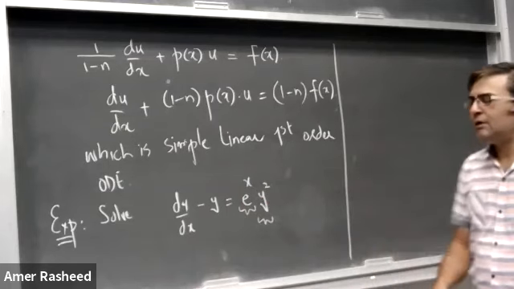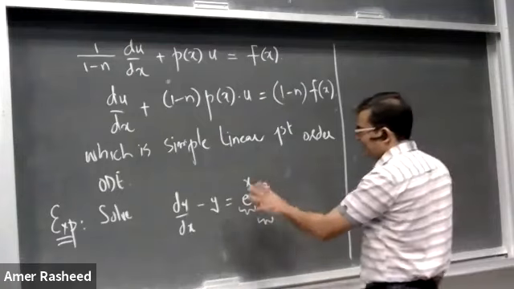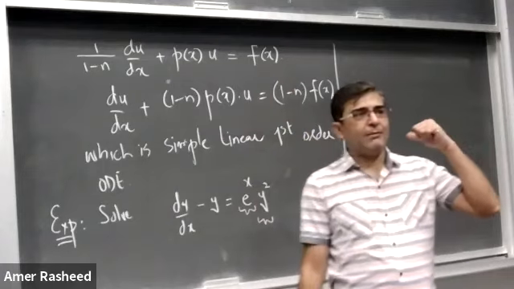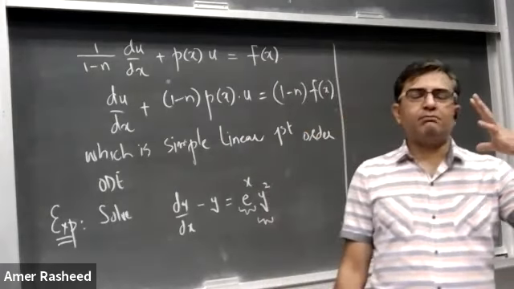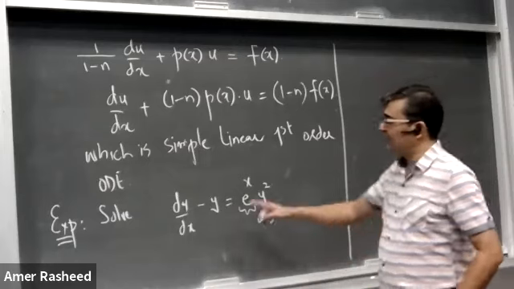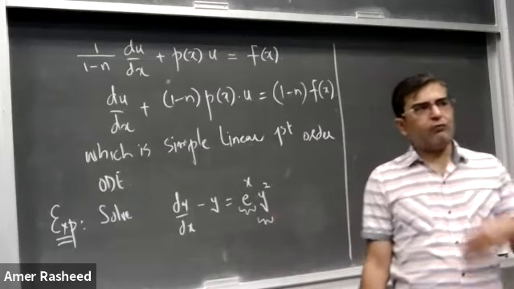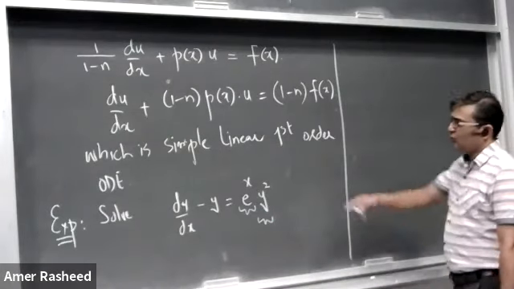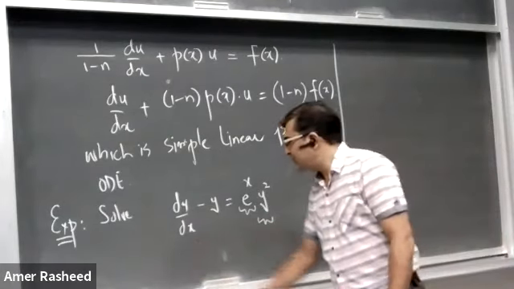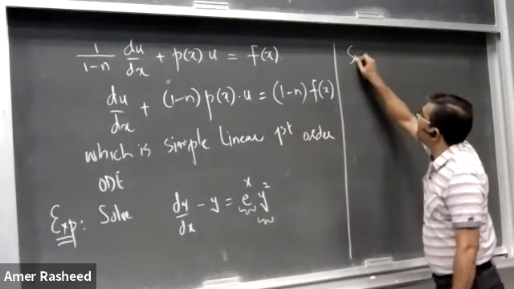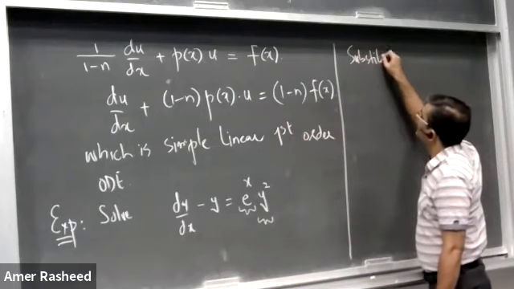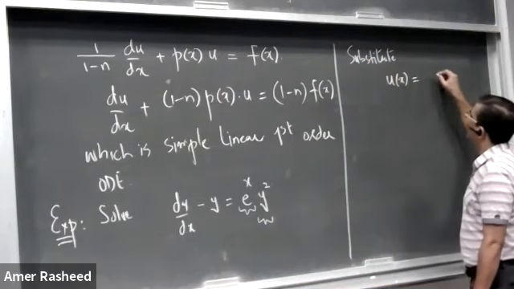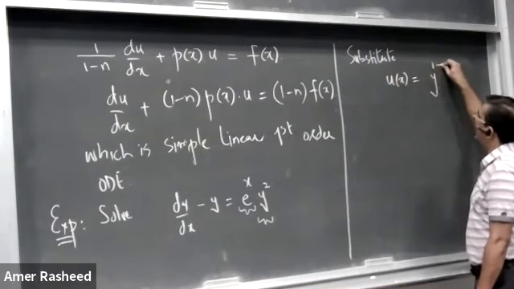So if you see any differential equation of this kind anywhere, you have to use this method. You should know that this is a Bernoulli first order ODE, and you have to remember what substitution to make. So what was the substitution? In fact, we substitute u of x is equal to y power 1 minus n.